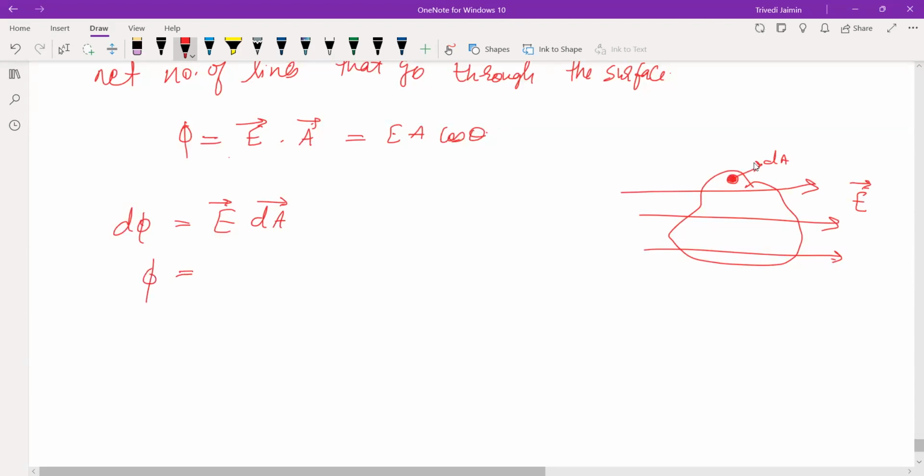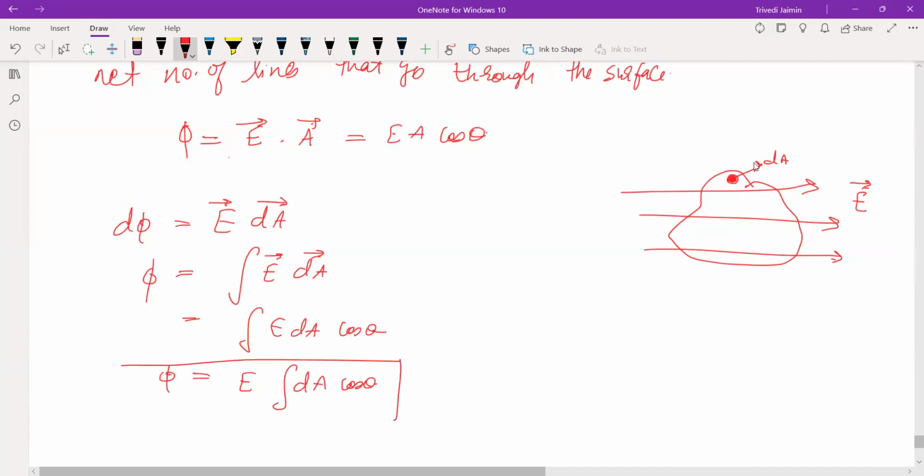So phi equals integration of E dA, or integration of E dA cos theta. Obviously E is a constant term, because we are integrating with respect to A. So this will be our formula.